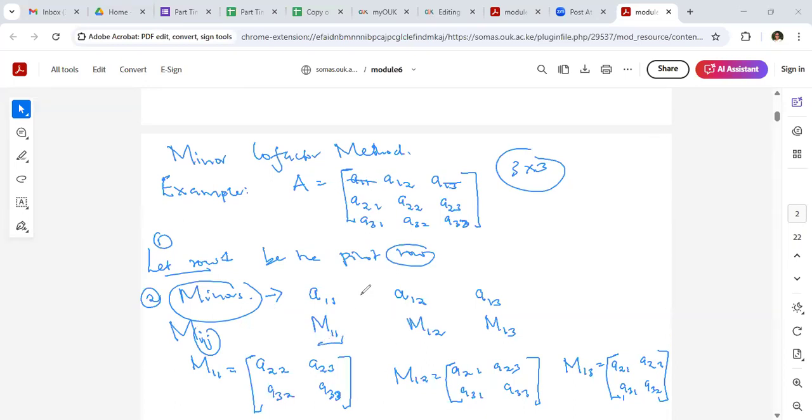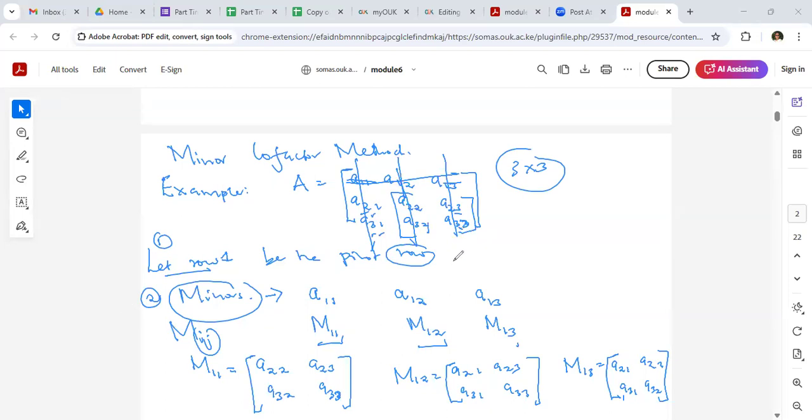For example, M11: delete row 1, delete column 1, and this becomes your M11. For M12, delete row 1, column 2, and this would be the entries of M12. M13: delete row 1, column 3, and so you have A21, A22, A31, A32.